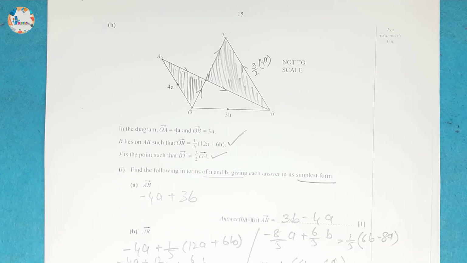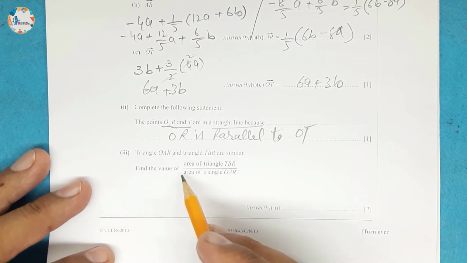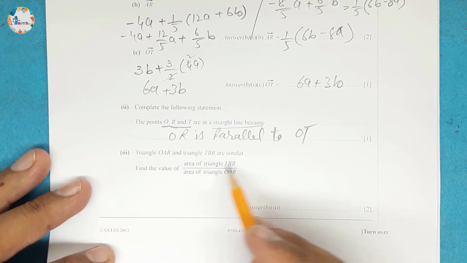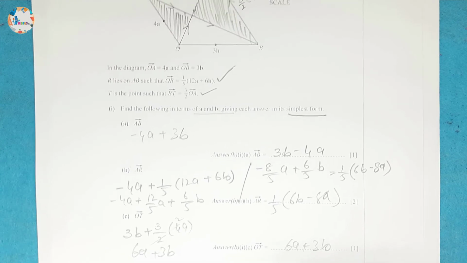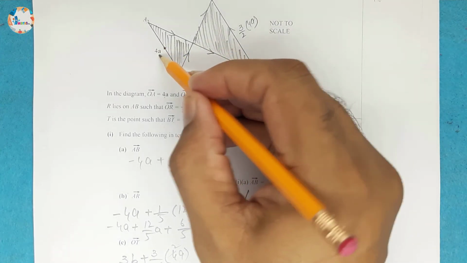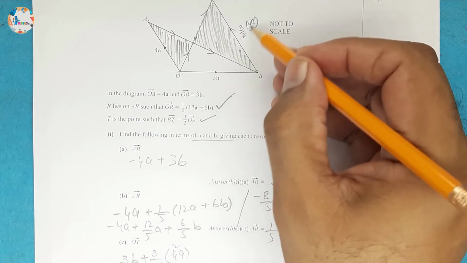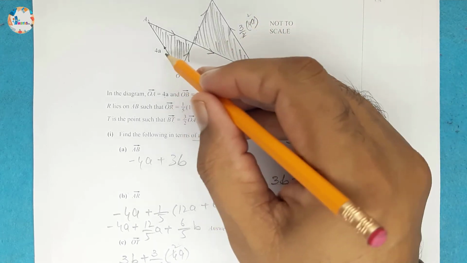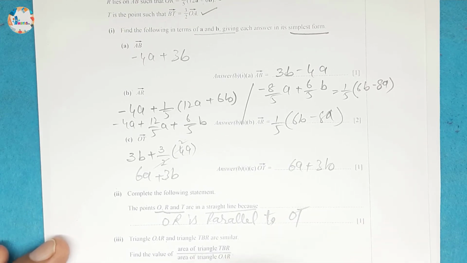So these two triangles they are considering are similar. Find the value of area of this triangle divided by area of this triangle. So we can check the ratio of these two sides. Basically this will be cancelled. So this is 4A and 6A. So this will be basically area of triangle TBR.